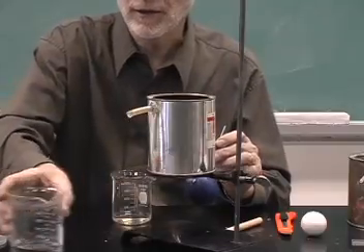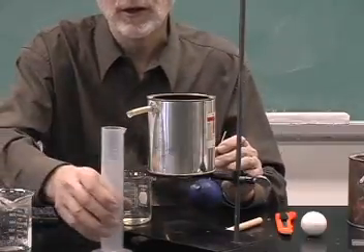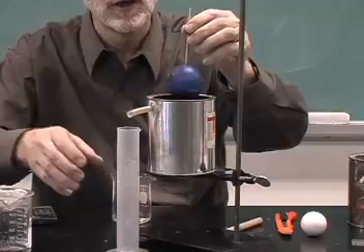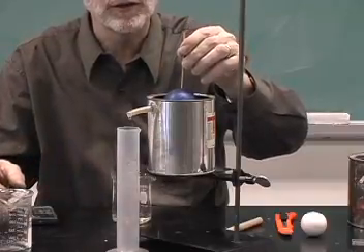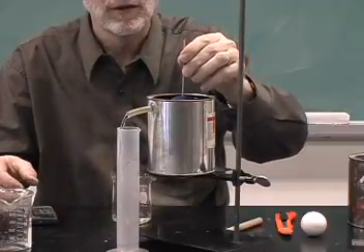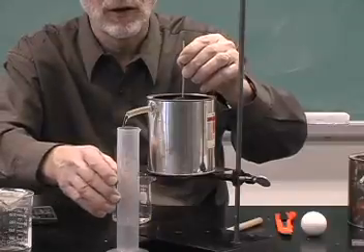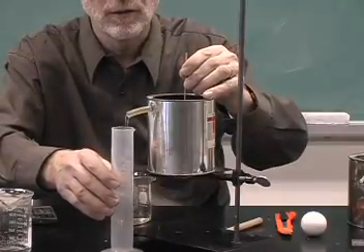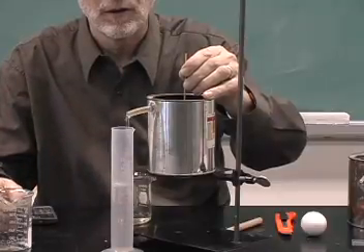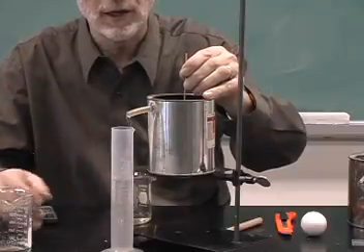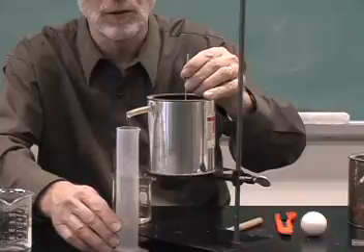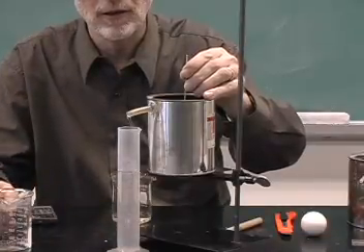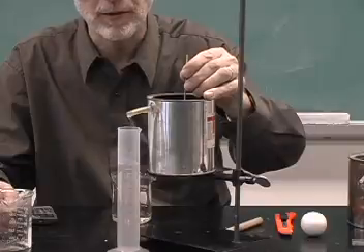we then take our graduated cylinder and place that under the spout and press our object under the water and allow the water to flow until it again stops dripping.